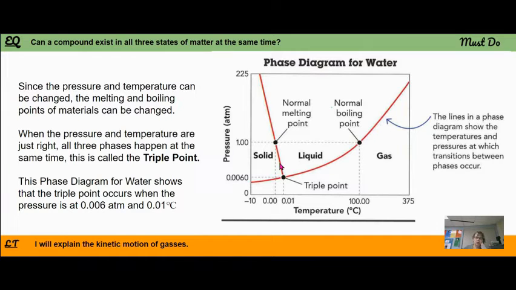So if we wanted water to melt at a lower temperature, we could just increase the pressure, the atmospheric pressure, and then the melting point would change. Same with the boiling point. If we increased the pressure, then the boiling point would increase, the temperature needed for a boiling point would increase, right?